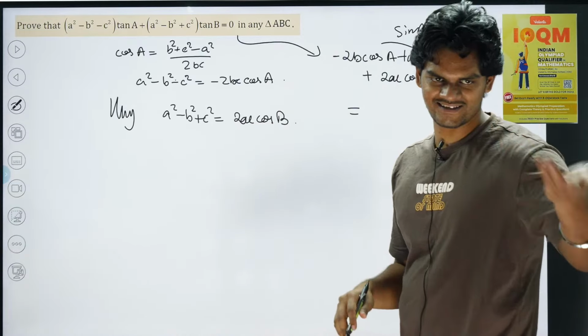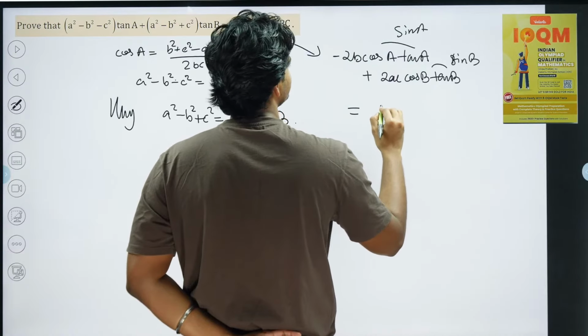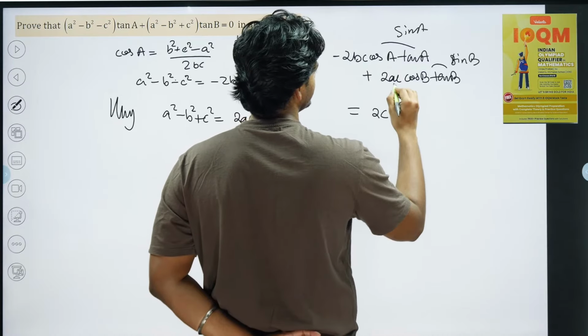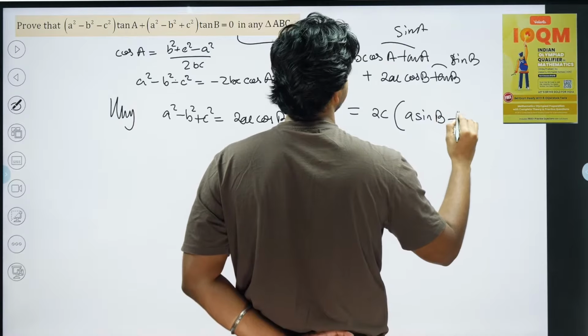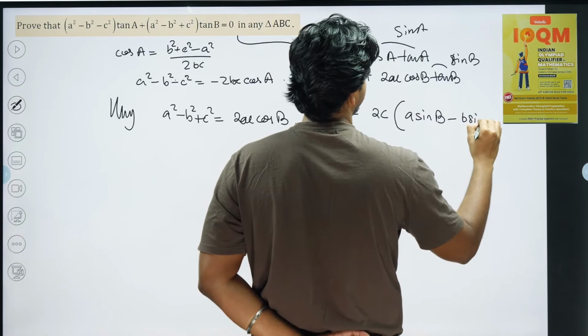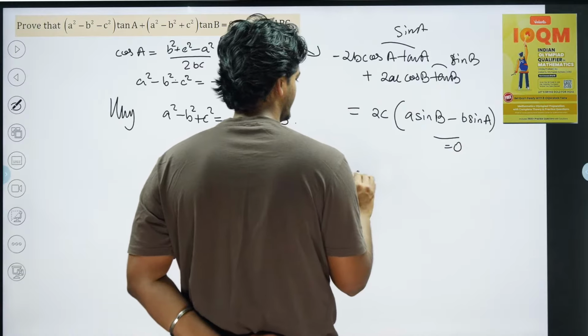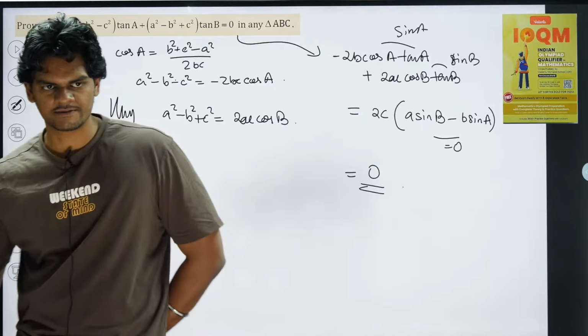This is basically a sine rule, it is quite easy. So I think we get 2c common. So if you take 2c common, this is a sin B minus b sin A. This is equal to 0. So total is 0. Yeah, very simple.